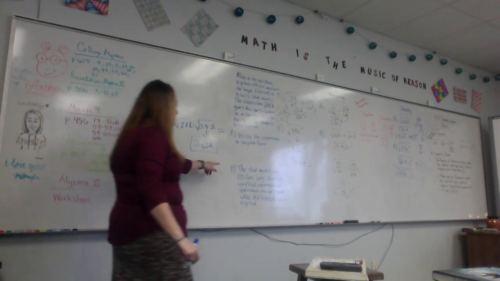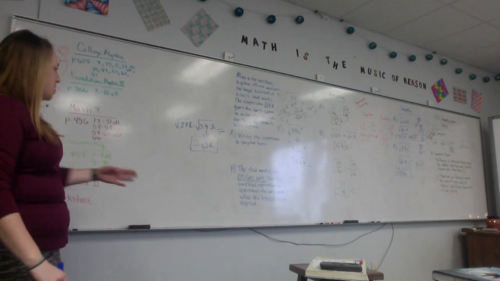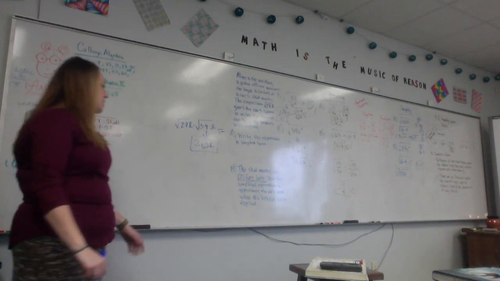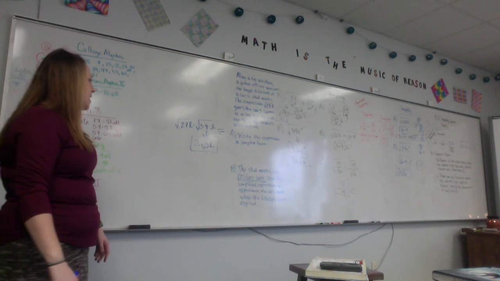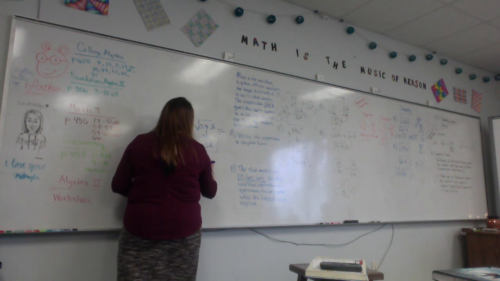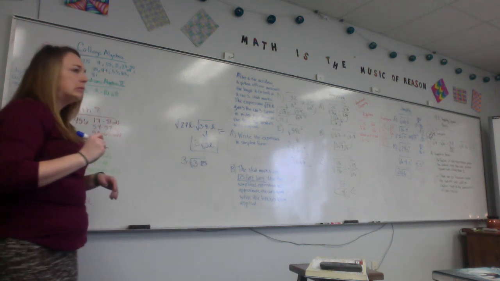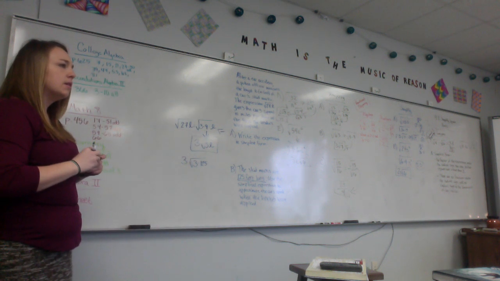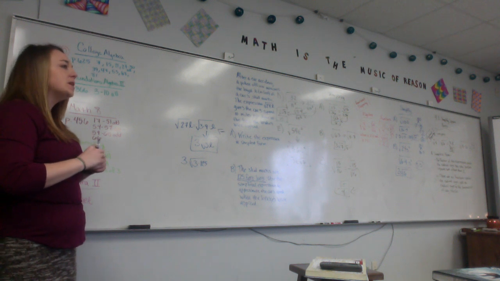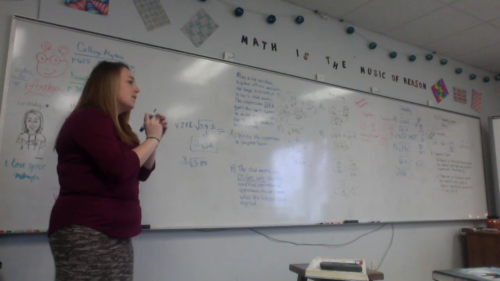Now B says the skid marks are 120 feet long. Use the simplified expression, what we just did, to approximate the car's speed when the brakes were applied. So what do I do? Okay, now here's the deal. Does 125 have a perfect square? No, but does 125 break down so I can find perfect squares?